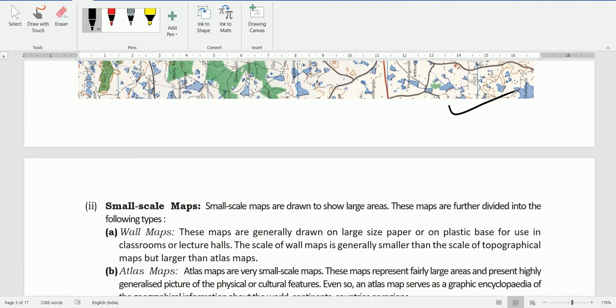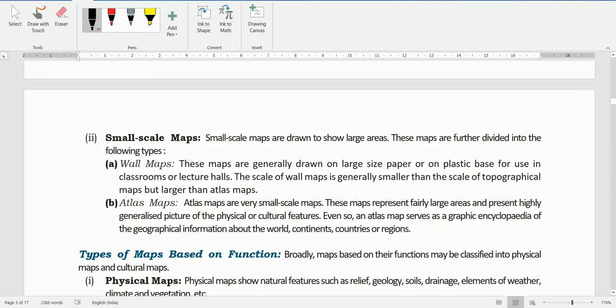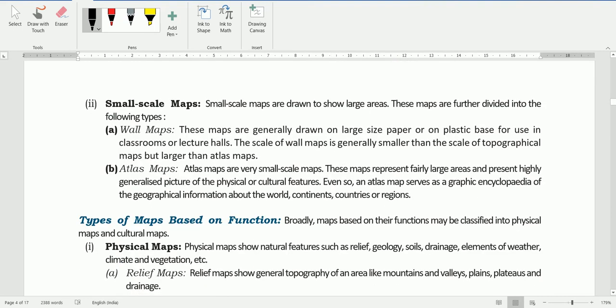Topographical maps are prepared in series, and all these map series can be joined together. Are you clear? Any question from your side about the scale and about the types of large scale maps?